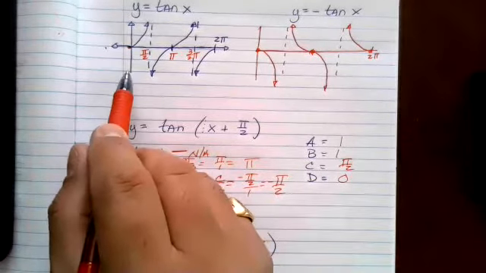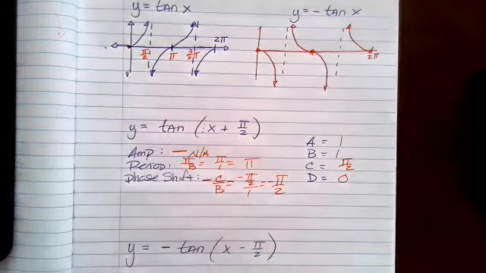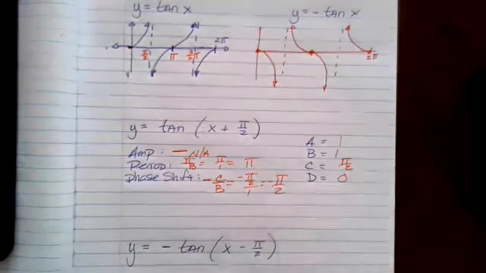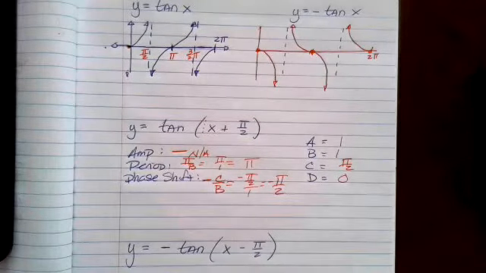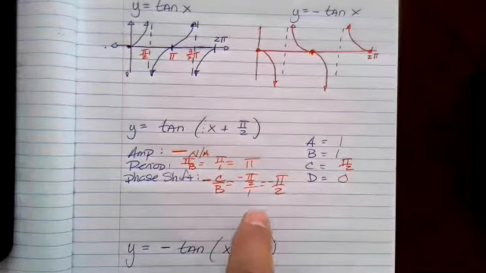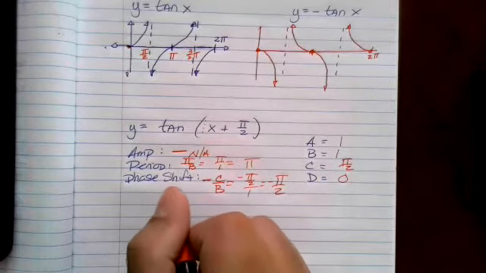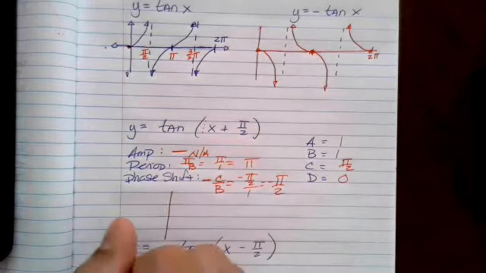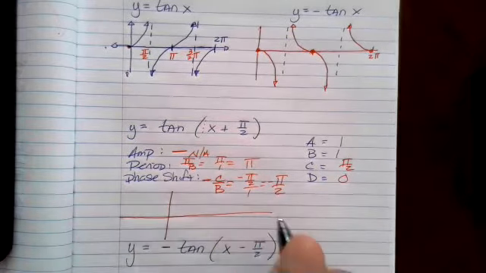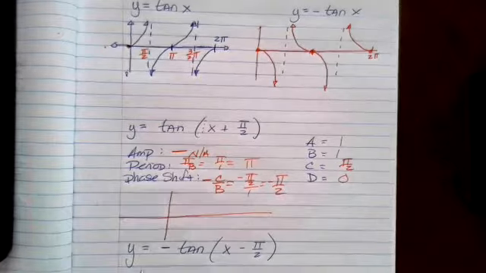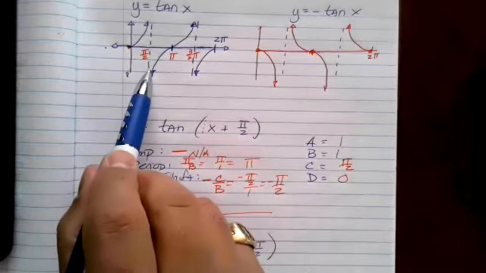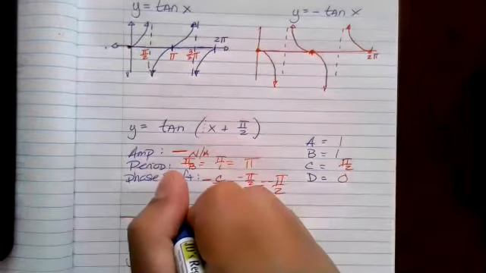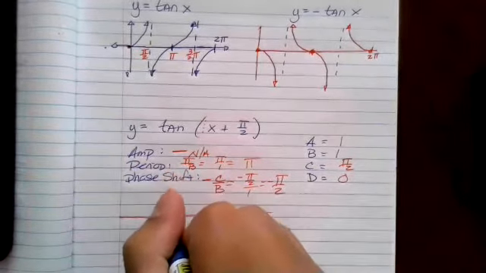So my asymptote is now going to be over here. So for this graph, we could do it visually by moving everything over, or we could subtract 1/2 pi from all of our x values. But it's a pretty easy graph to visualize. If my asymptote was once here, now it's going to be here.